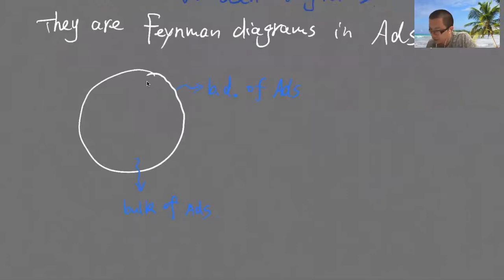Okay. So a typical diagram looks like, say, something like this.